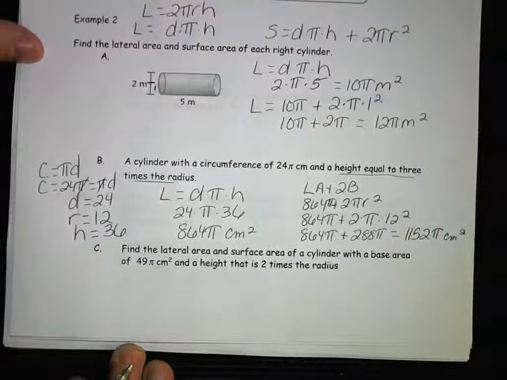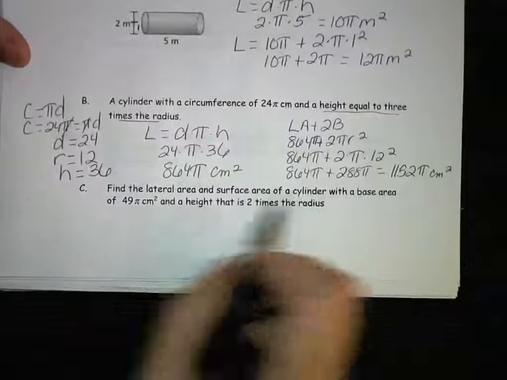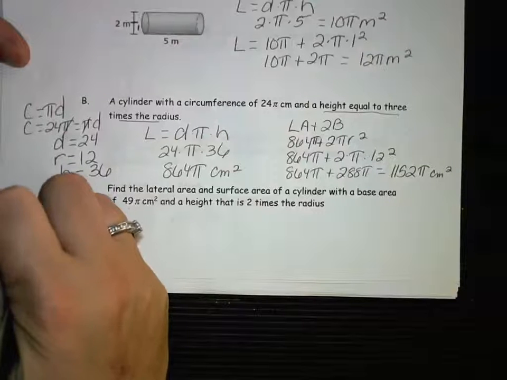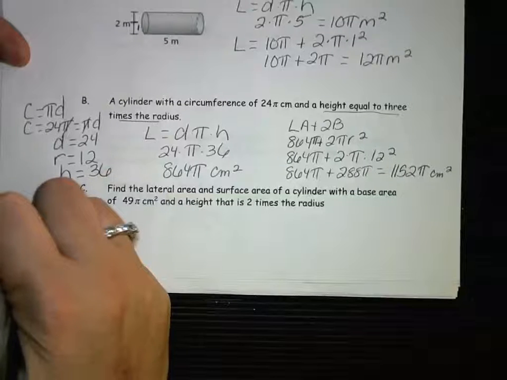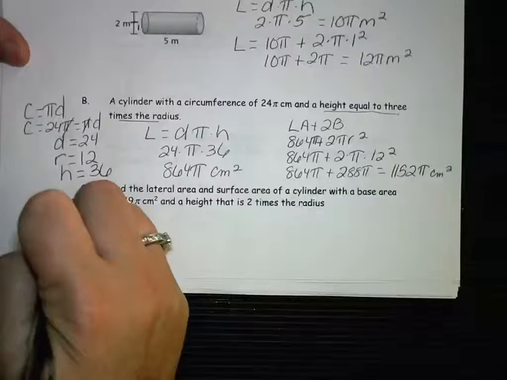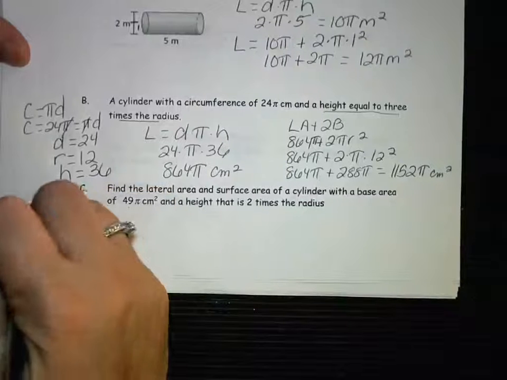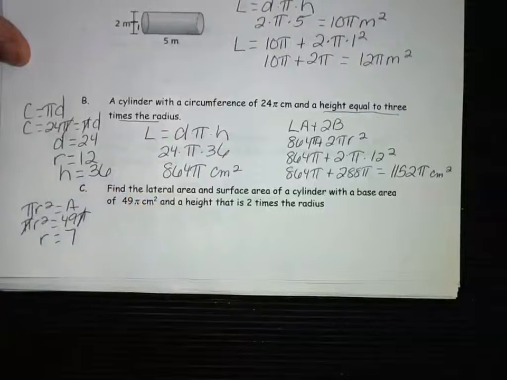The next one, find the lateral area and surface area of a cylinder with a base area of 49 pi. Area is pi r squared. So we have pi r squared equals 49 pi. Divide both sides by pi, and your radius equals 7.